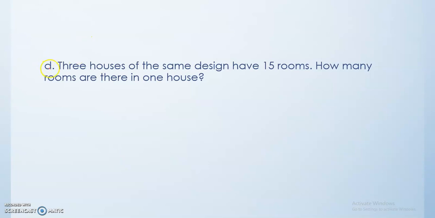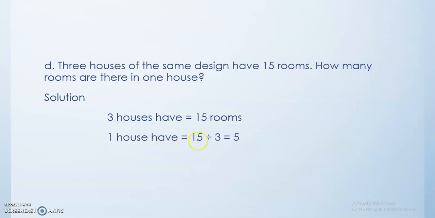Now part B, 3 houses of the same design have 15 rooms. How many rooms are there in one house? You have to find the number of rooms in one house, so you just divide the information. 3 houses have 15 rooms. So 1 house has 15 divided by 3. And 15 divided by 3, we get 5.